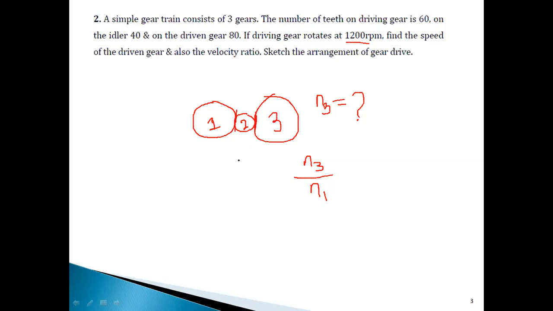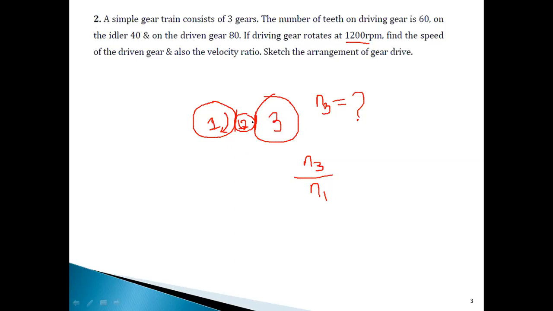So let us assume that gear 1, the driver gear, rotates in the clockwise direction. It meshes with gear 2, the idler gear. When gear 1 rotates clockwise, gear 2 has to rotate in the opposite direction, anti-clockwise.